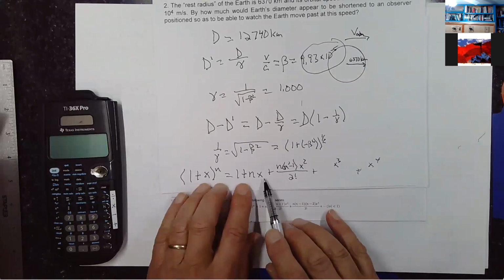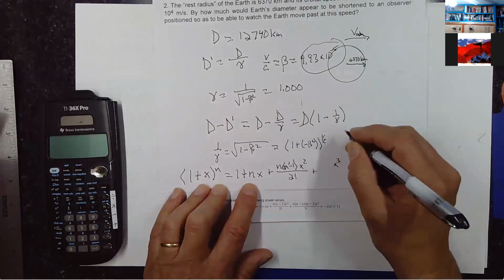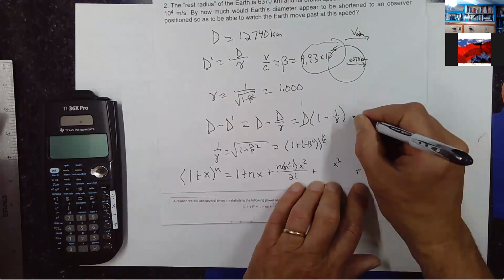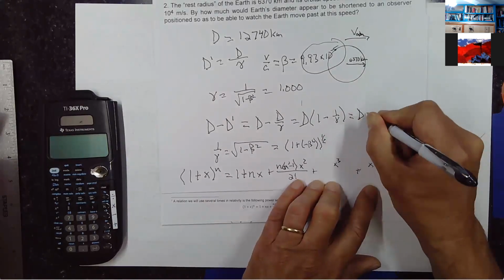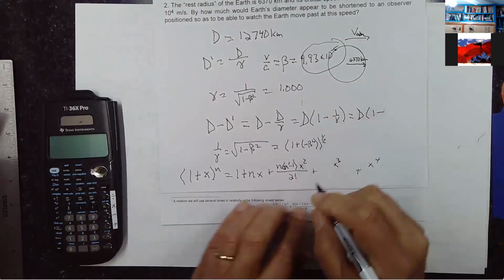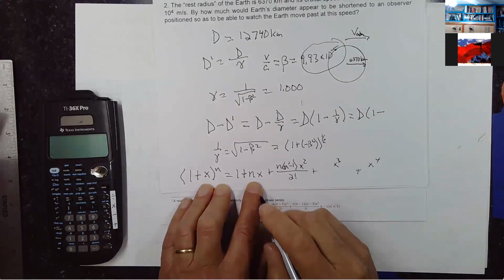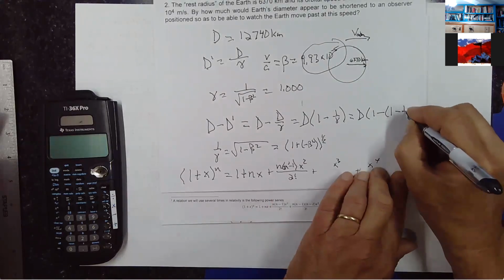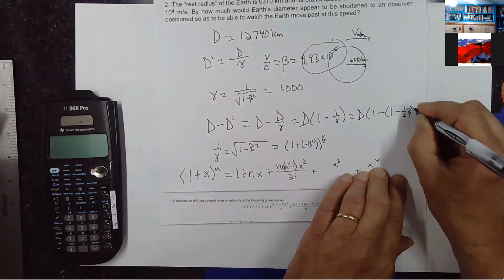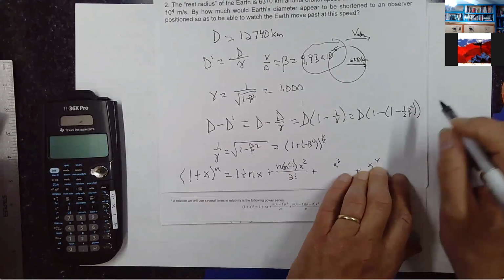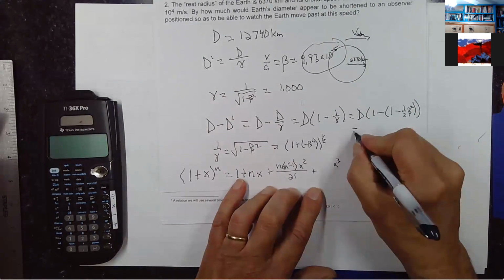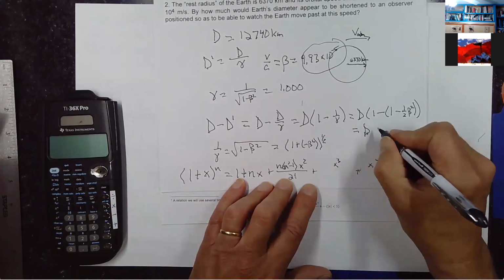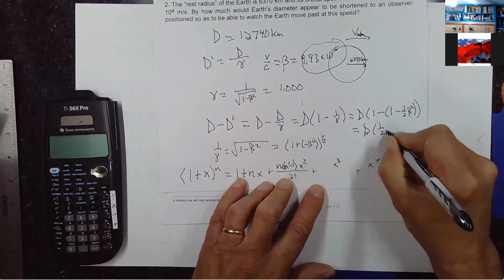And the reason I'm not going to ignore this one is because I want 1 minus 1 over gamma. And so what I'll get here is 1 minus just the first two terms in this expansion, 1 minus 1/2 beta squared is what I get for that thing, which ends up being the diameter times, when I distribute that through there, I get 1/2 beta squared.